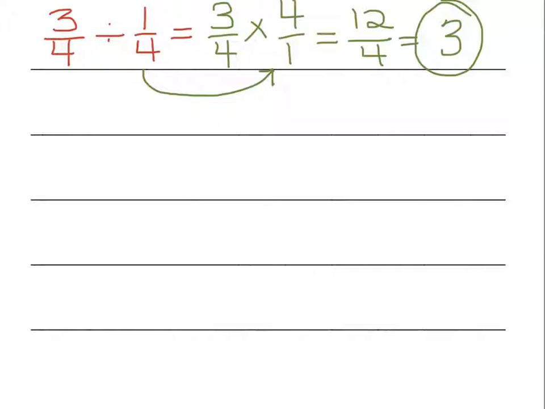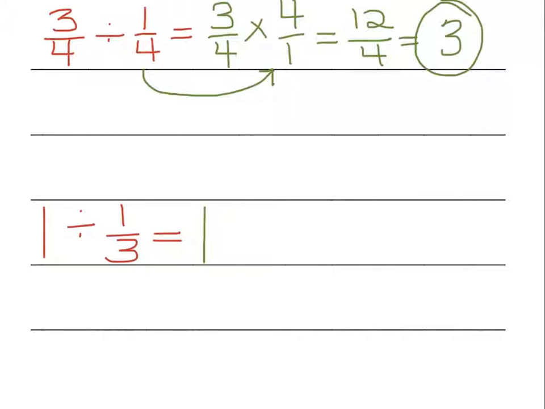So let's try another one. And again, you may not be getting it all, and that's okay, because I just want it to be a little bit familiar when we go to talk about it in class tomorrow. Let's try 1 divided by 1/3. Well, to divide a fraction, you flip the second and multiply.